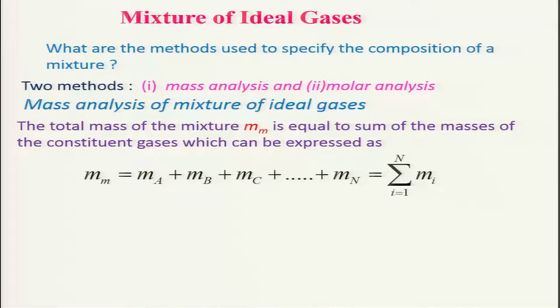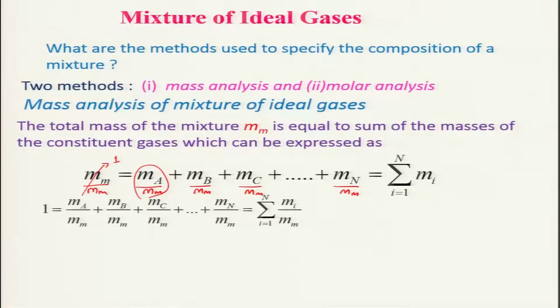So, if I divide this equation by mm, what do I get? The left side is basically equal to 1, and the terms on the right we call the mass fraction. Mass fraction we can define as xi.